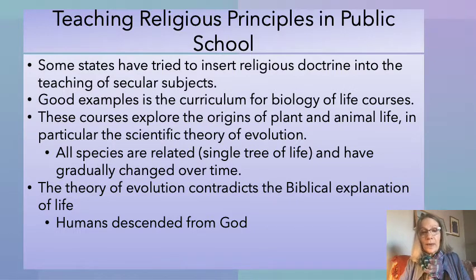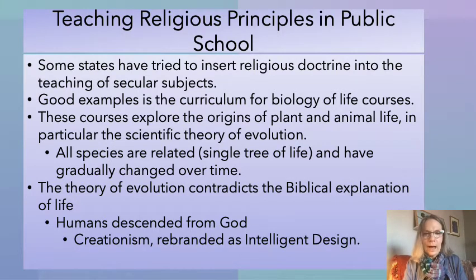That man is made in God's image, and then woman is made from the rib of Adam, and women are, I guess, secondarily related to the image of God, right? But bottom line, the biblical explanation is that humans descended from God. And that theory about the origins of life is known as creationism. And most recently, it's been rebranded as intelligent design because, as you know from the textbook, the teaching of creationism has been ruled by the Supreme Court as being unconstitutional.